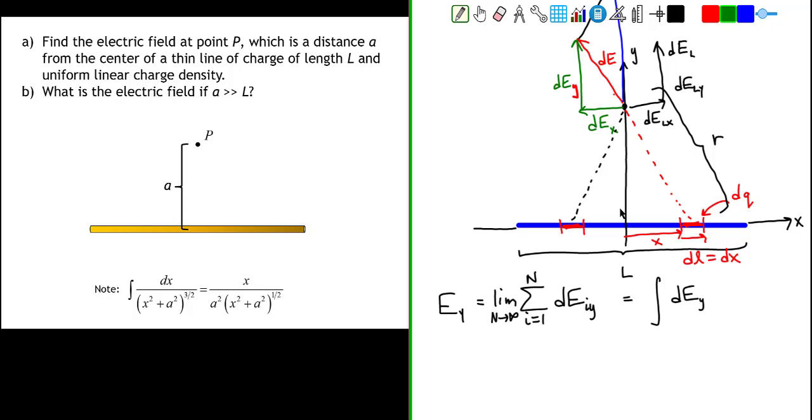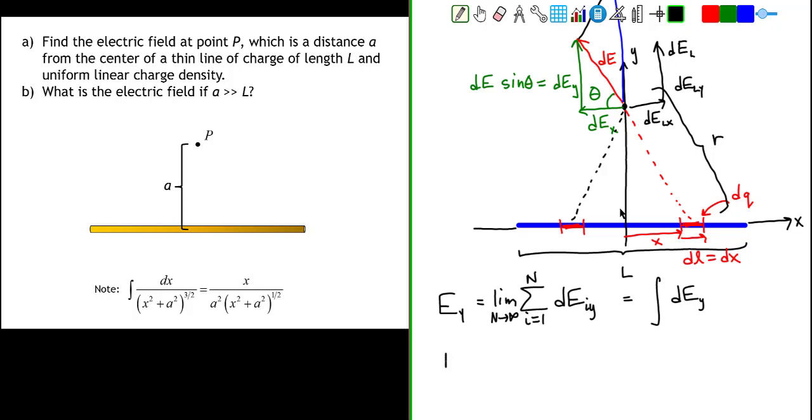If we look at our representative electric field in our diagram, and let's call this angle theta, that y component, being the side opposite that angle theta, is going to be given by the hypotenuse dE times the sine of the angle we've labeled in our picture.